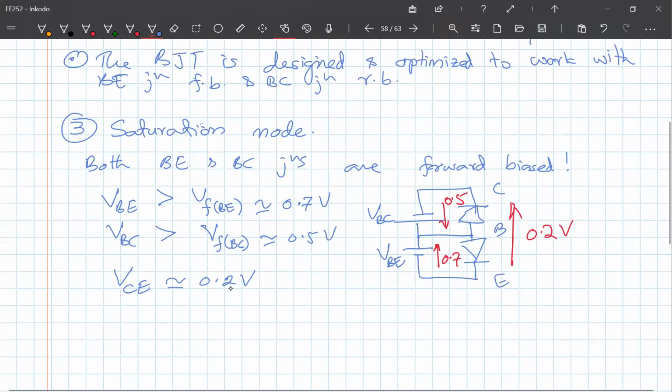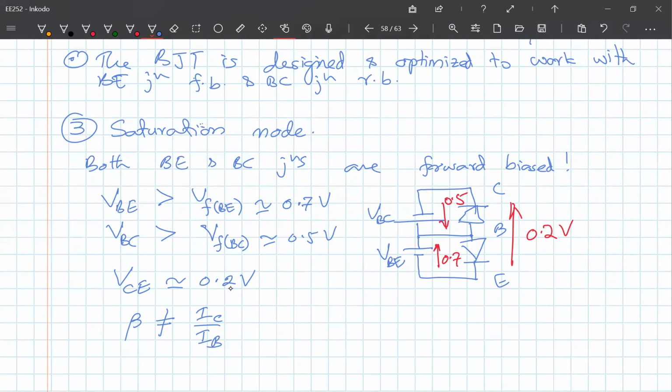We said in order for that to be valid, one junction has to be forward biased and the other one has to be reverse biased. But here both are forward biased, so it doesn't work here. So IC is not equal to beta times IB. In fact, IC is much less than beta times IB.